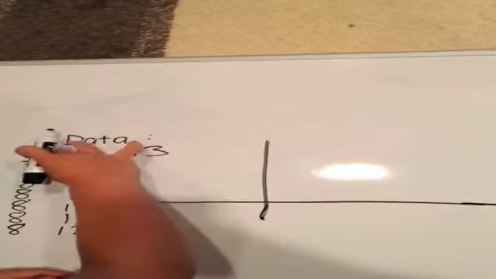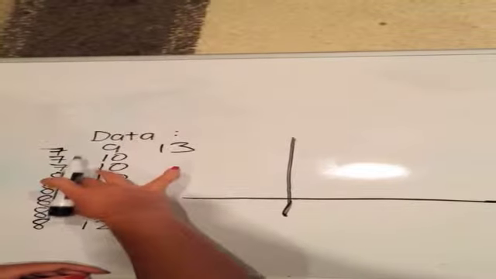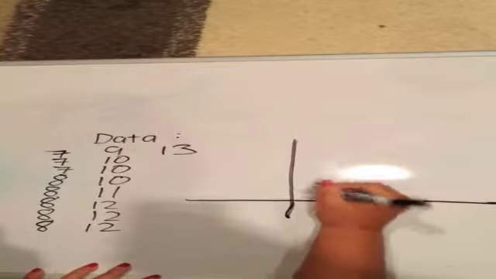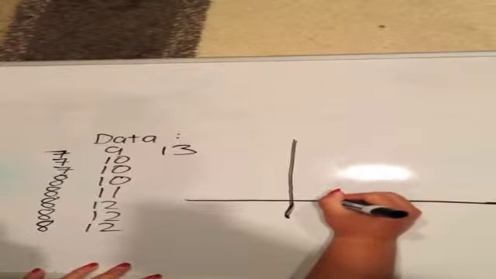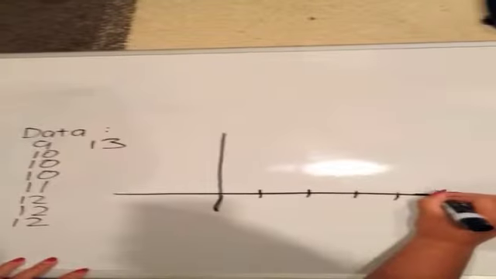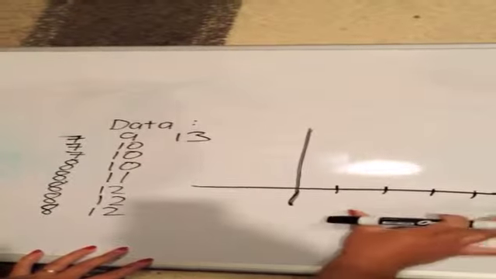So since there are different values in our numbers in our bins, we would go from 7 to 13. And that's basically our x-axis, what our values.